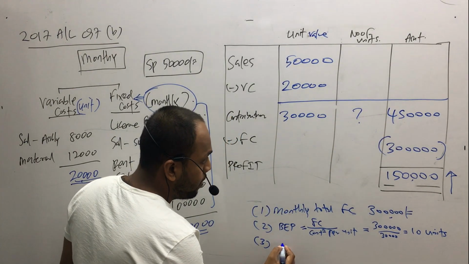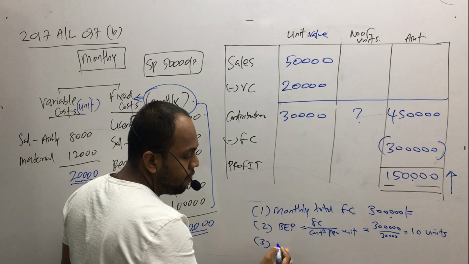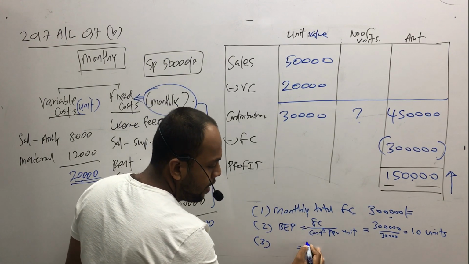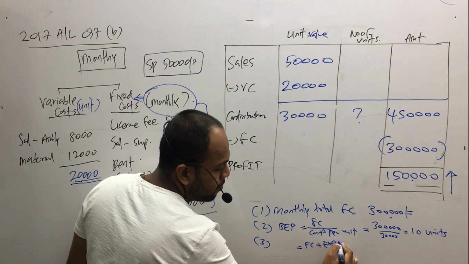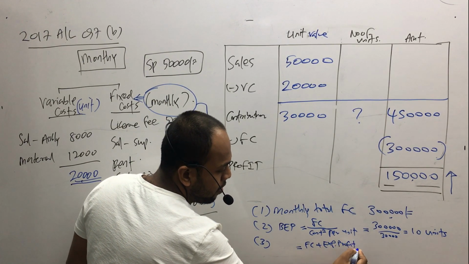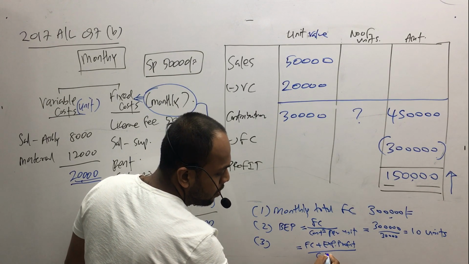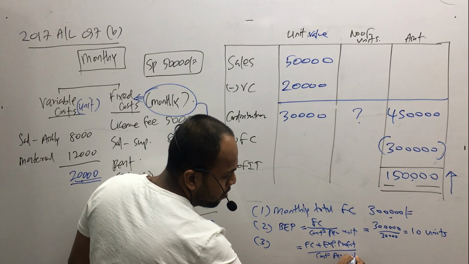To have 150,000 profit, I need fixed cost plus expected profit divided by contribution per unit.